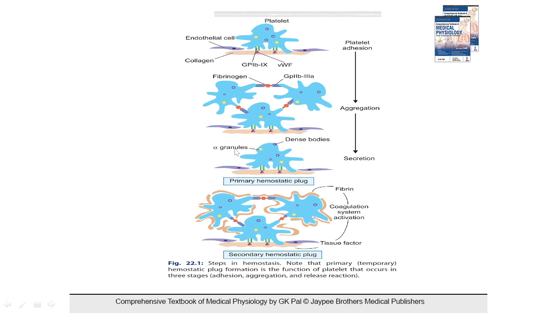There are two types of granules in the platelets: alpha granules and dense granules. They come and aggregate and secrete serotonin. This particular serotonin is a powerful vasoconstrictor. By decreasing the diameter of the blood vessel, you can prevent excessive bleeding from the injured blood vessel.